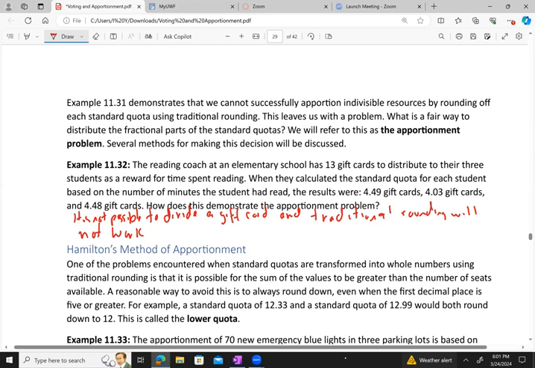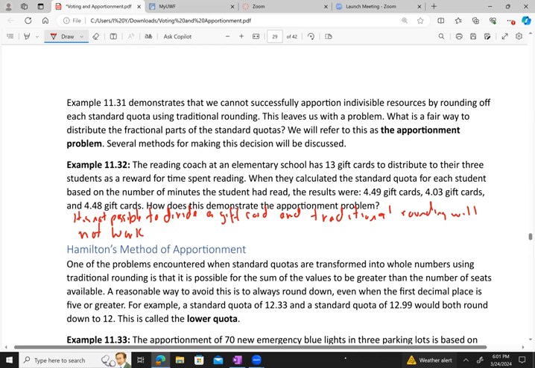This is an example of the apportionment problem. So we're unable to give somebody 4.49 gift cards. And looking at all these results, all of them would round down to 4, which would give us 12 gift cards with 1 left over.